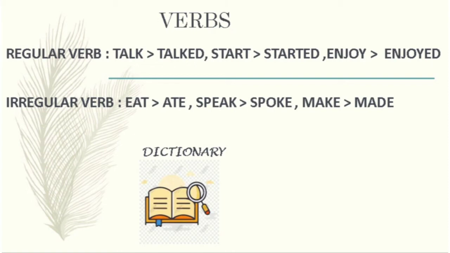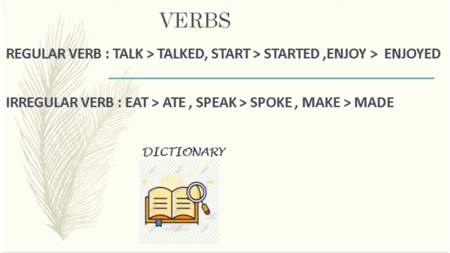So, for example, some common ones are eat, which becomes ate, speak becomes spoke, and make becomes made, okay? If you see a verb somewhere that seems a little odd, or you're not sure what the past tense form will be, you can take a dictionary and try to remember it from there.